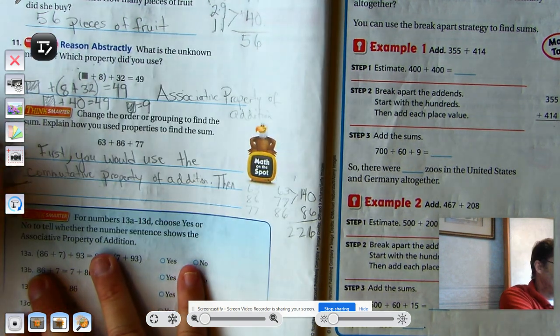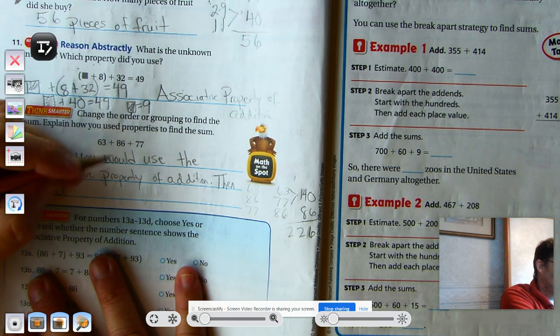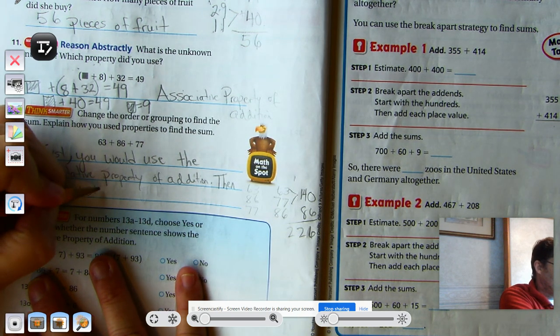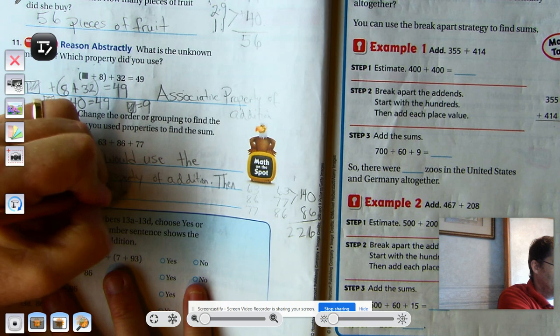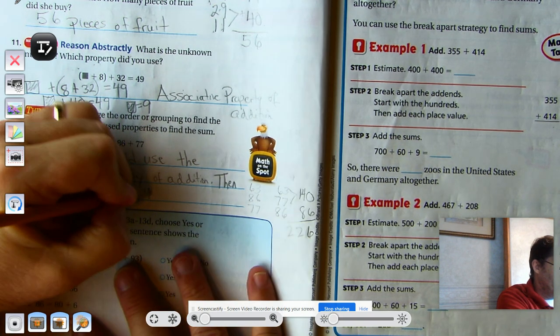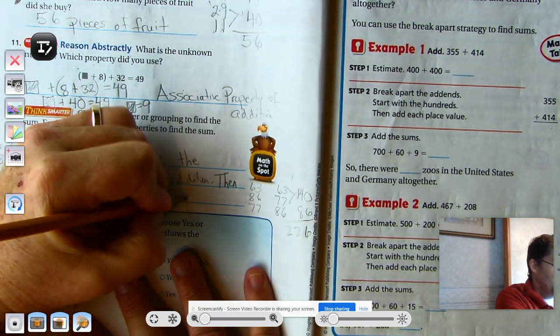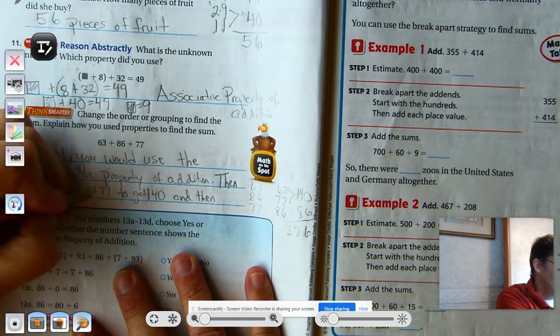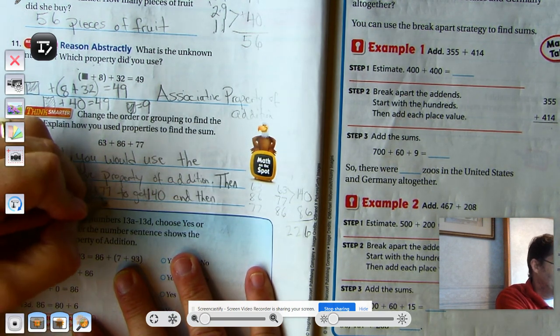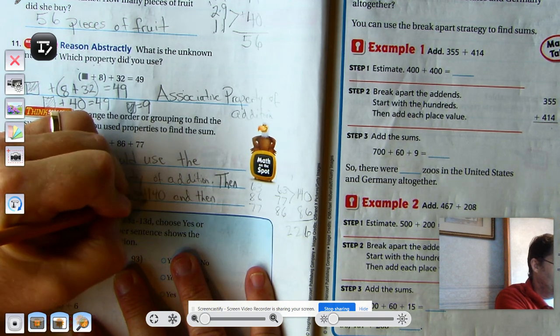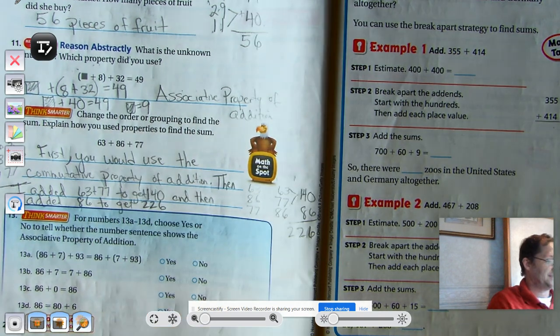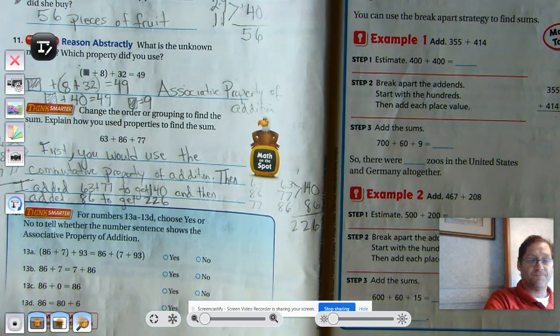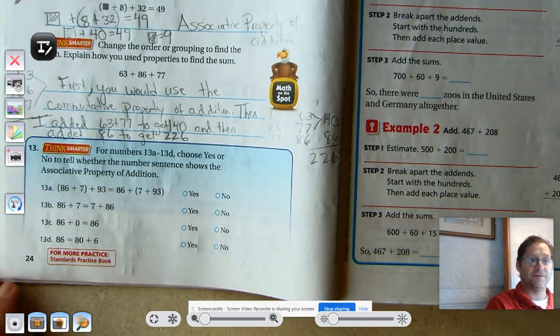Then what we did was add 63 plus 77 to get 140, and then added 86 to get 226.